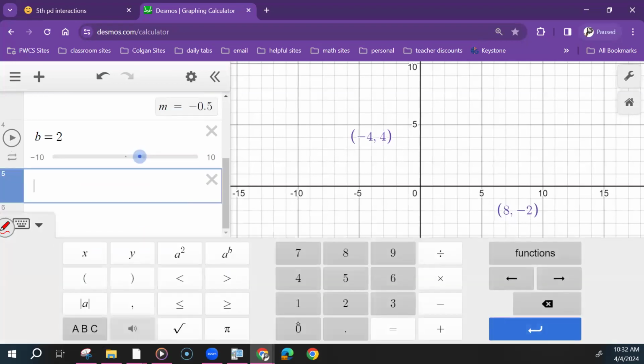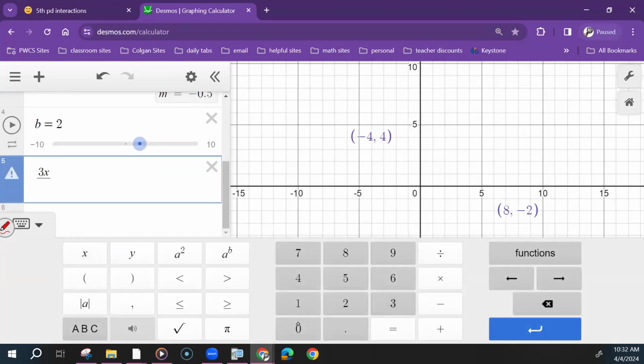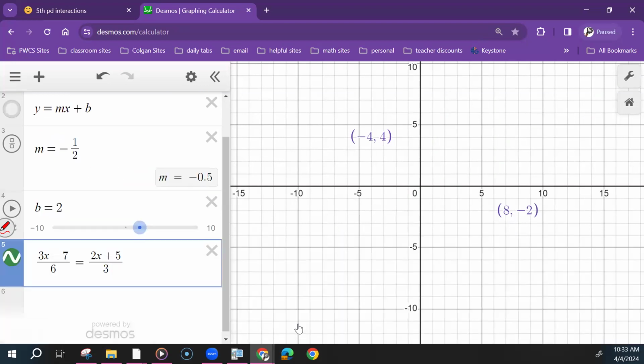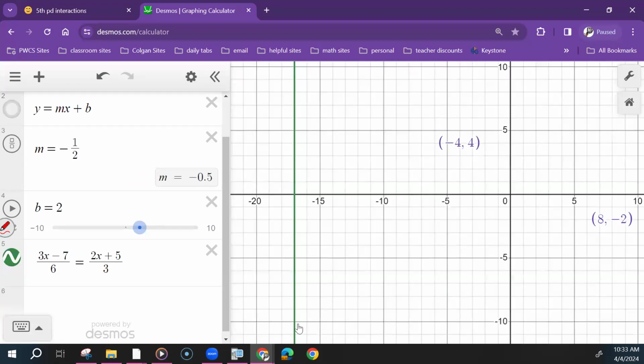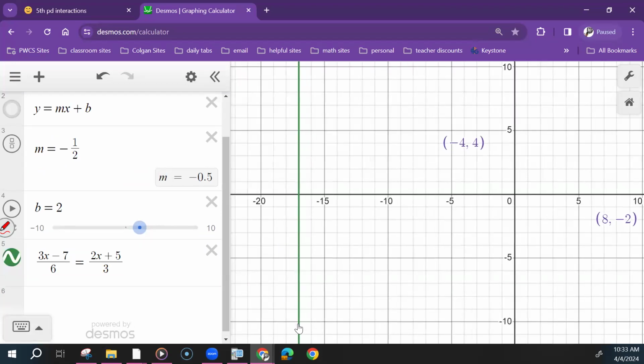So if I put that in, it's going to give me a line. And that line is at negative 17. So x equals, or n equals, negative 17 is that answer.